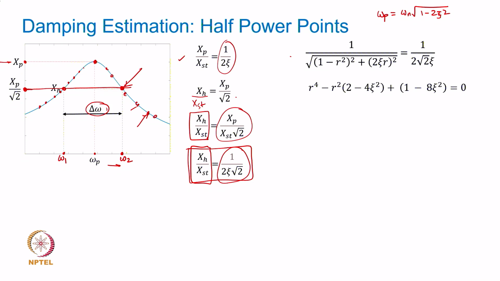Obviously, you square both sides and then equate the denominator, that is what you are going to get, right. This is quadratic in r square. If you solve it, you will get two possible roots, one is r1 square given by this and the other one is r2 square. Just use your simple straightforward method of finding the roots of this quadratic. There are two possible roots, one with the negative sign and the other one with the positive sign.